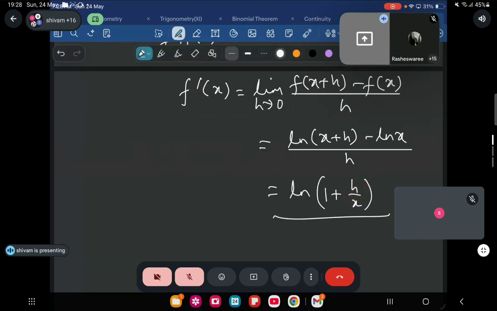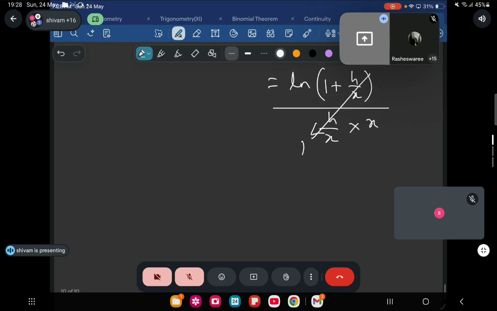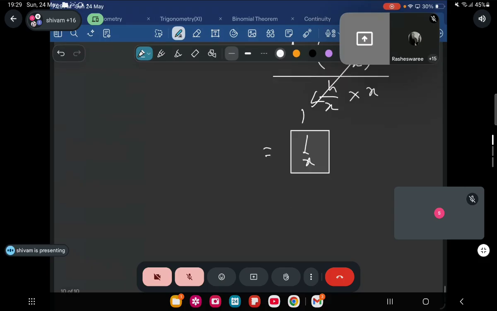So in order to convert it into standard form, what do we need to do? We need to divide by x and multiply by x. This part will become 1. So hence the derivative is equal to 1 by x. Is it clear? You can find the derivative of any function using the first principle. Anyone having any doubt why d by dx of ln x is equal to 1 by x? Next.